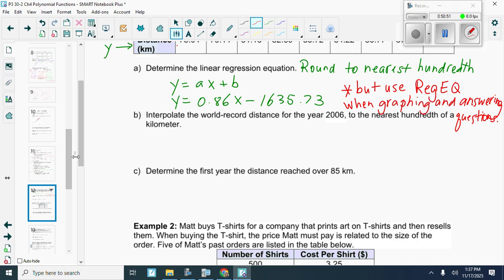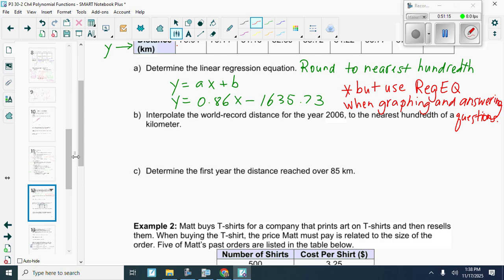We're just going to be using the graphing calculator, because if we substitute it in, we're not going to have exactly the same answer as our neighbor, simply because there's rounding that happened. If we use the features of the calculator, it has all the decimal places, so that's what we're going to do. So the first question says, interpolate.